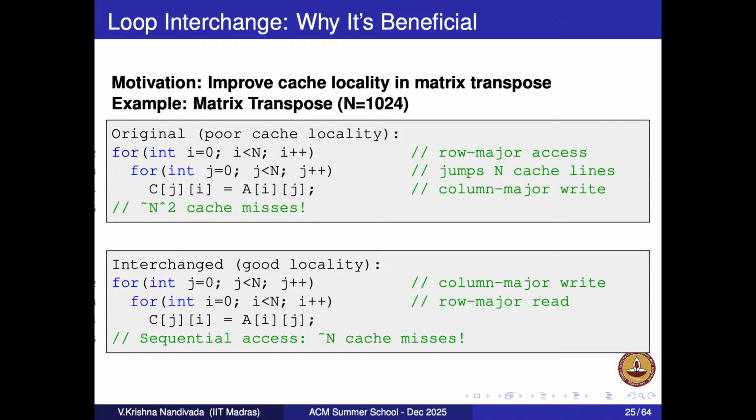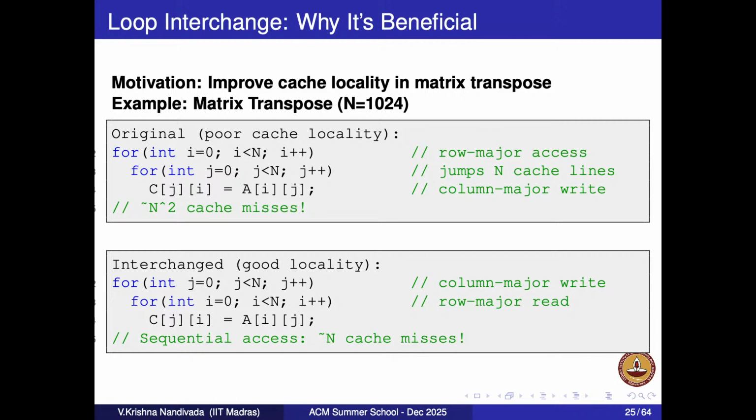What about reads? Reads now are having cache misses. Why? Because for j equal to 0, I am doing 0,0, 1,0, 2,0, 3,0, n,0. Correct?